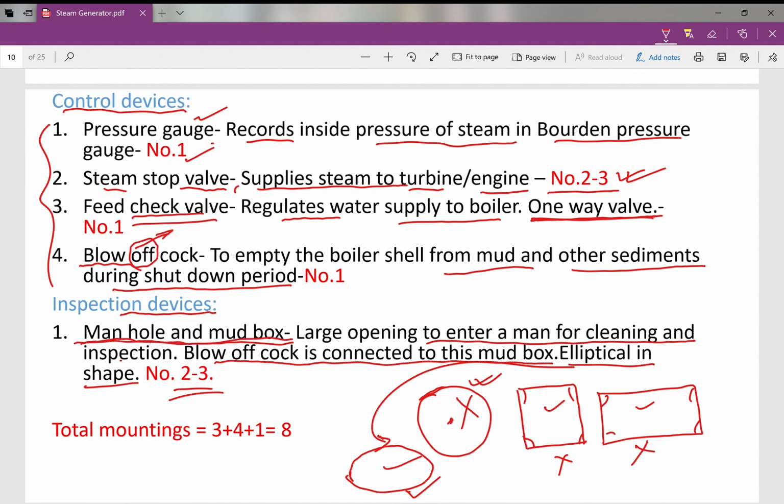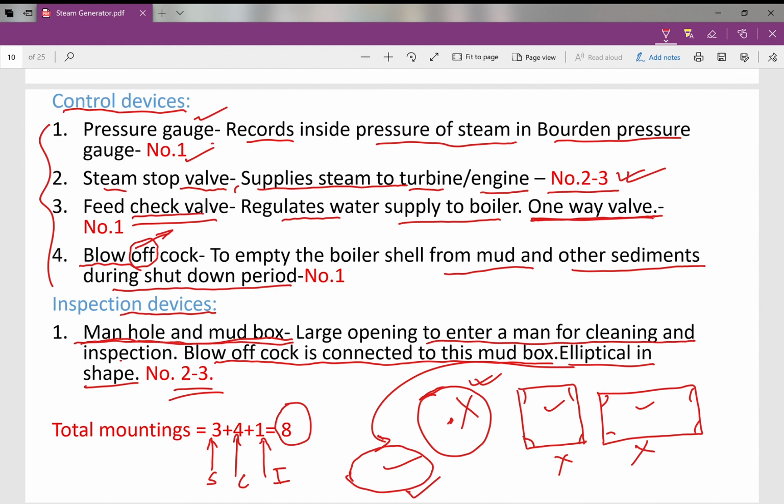So dear students, I repeat once again, please remember the numbers. 3 is for safety devices, 4 is for control devices, and the rest for inspection. So altogether total mountings are 8.